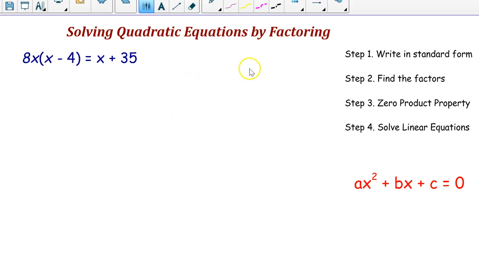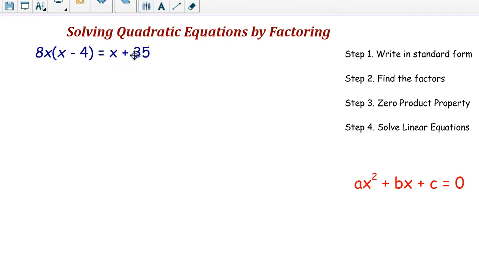Solving quadratic equations by factoring. So here we have 8x times x minus 4 is equal to x plus 35. Directly when you see this, we will not have a clear idea how to go from here.